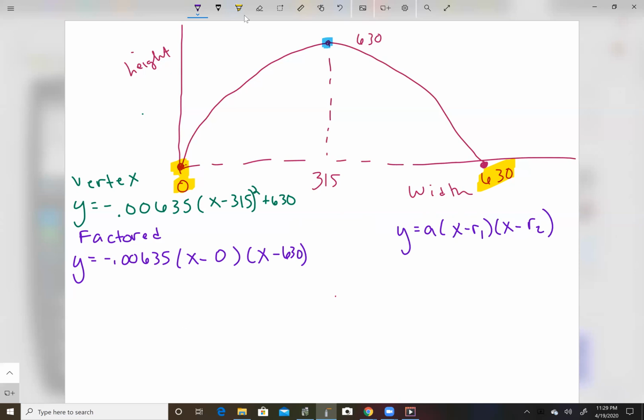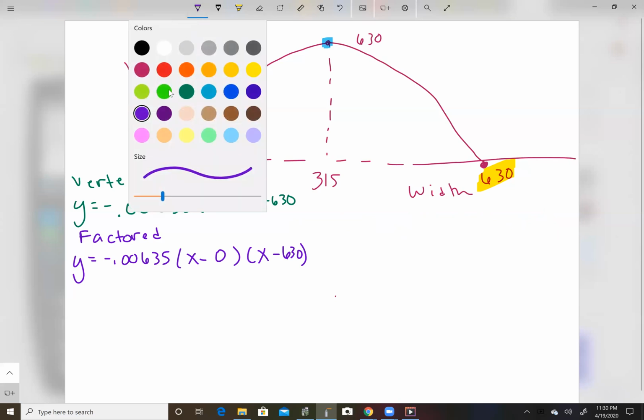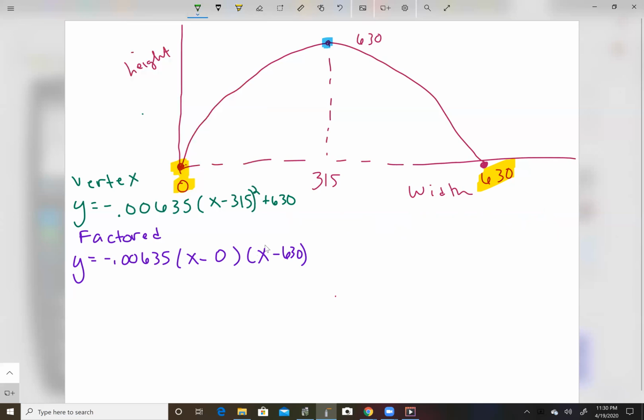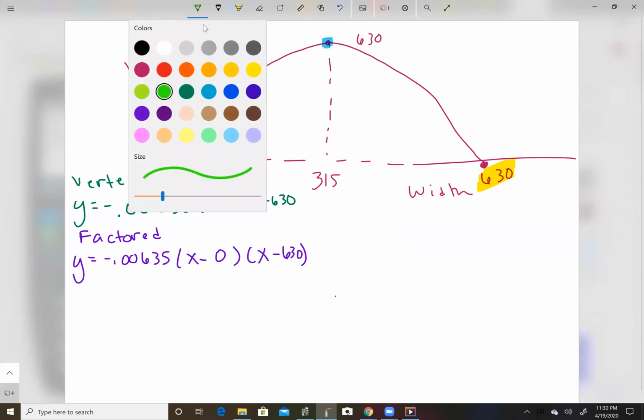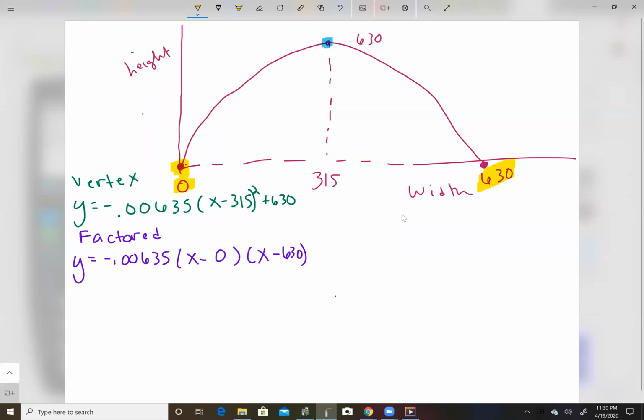So that leaves us with one more form. Do you guys remember what it is? We have standard form. Okay, so standard form is going to be easiest. Let's do another color, a different green, but I just kind of wanted to do orange.